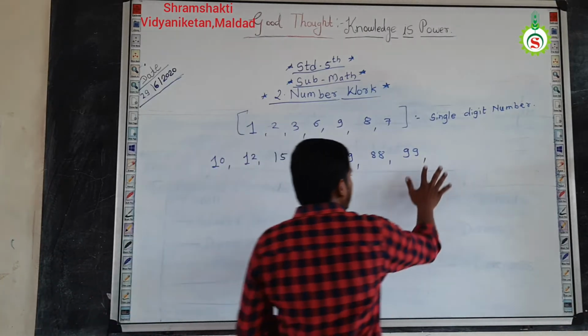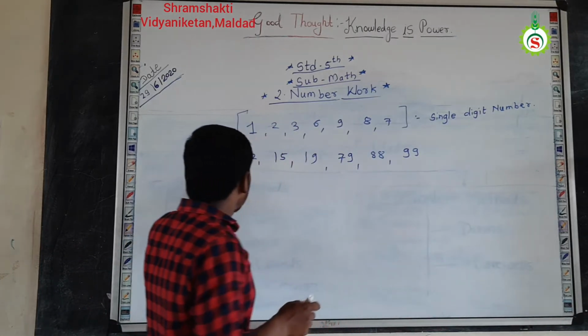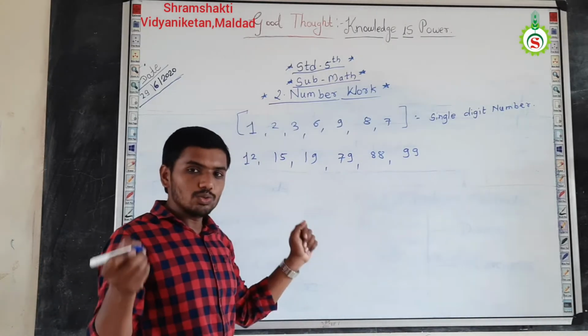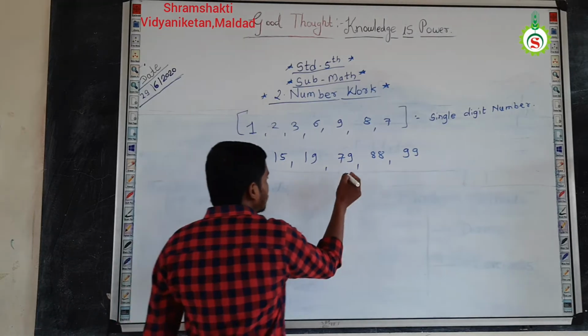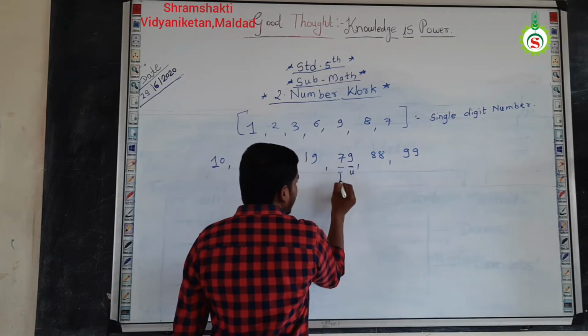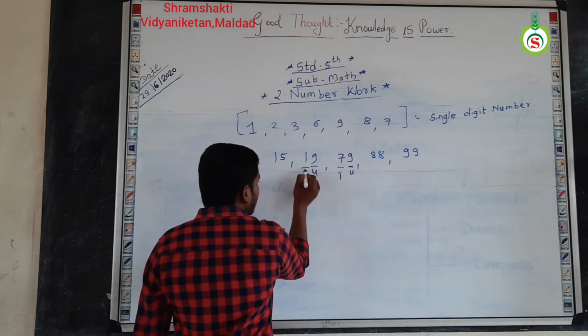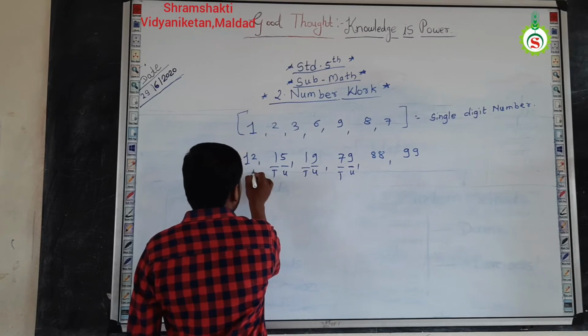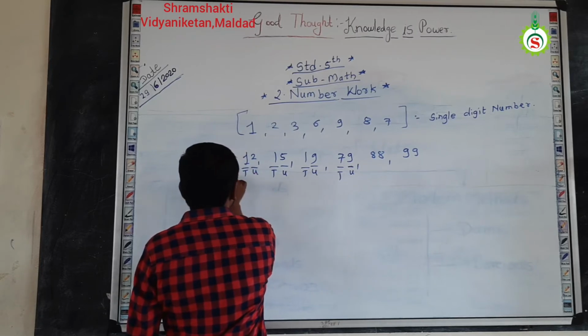The numbers which have two digits are called two-digit numbers. In a two-digit number, one place is unit and the other is tens: unit, tens.